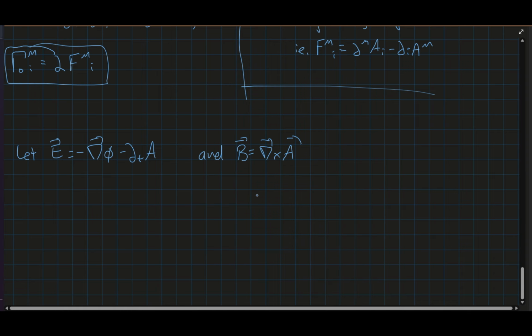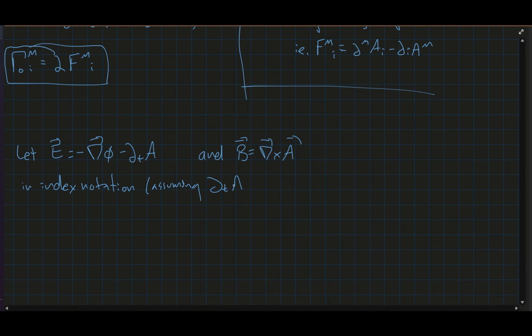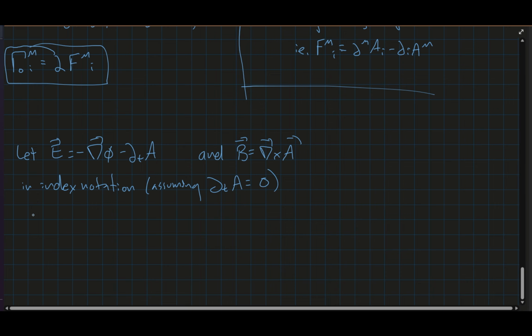So if we write these in index notation instead, also making the assumption that del_t A is 0, we're assuming things are static with respect to time, we get E_I equals minus del_I phi, and B_I equals epsilon_IJK, that's the Levi-Civita tensor, del_J A_K.